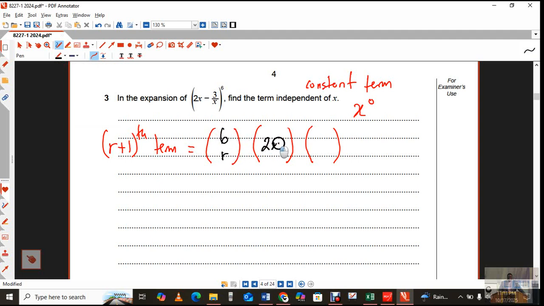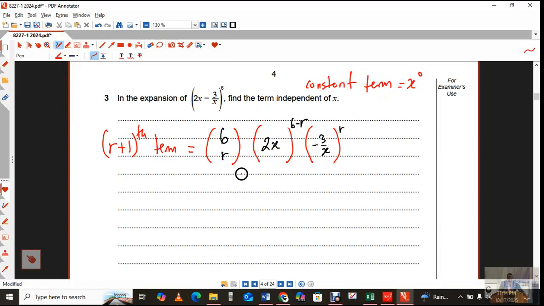Then this is going to be the value of a, 2x, and this is going to be minus 3 over x. All right. And then here I'm going to have 6 minus r, and this one I'm going to have r.